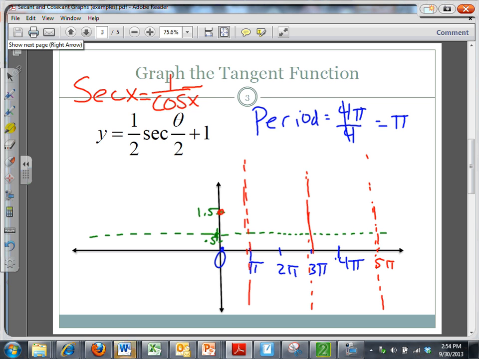So I go up, and then this one is at pi, but I go down. This one is at positive 0.25, so I go up. And that is the graph of my secant.